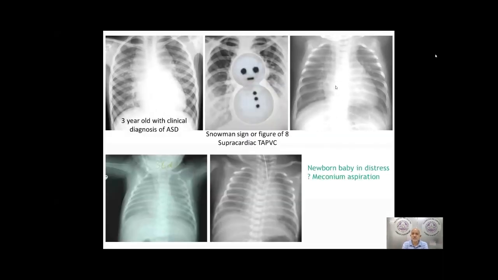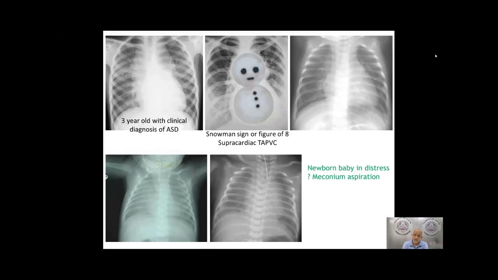In the newborn period, another interesting X-ray all pediatricians must know is the patient with a whiteout lung field. It is difficult to differentiate meconium aspiration versus pulmonary venous hypertension.